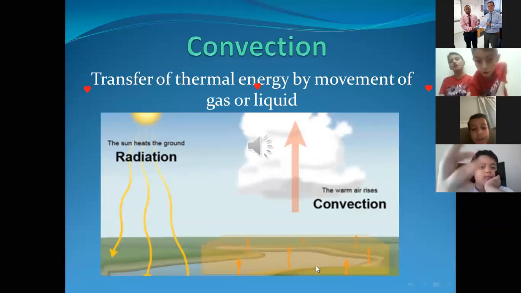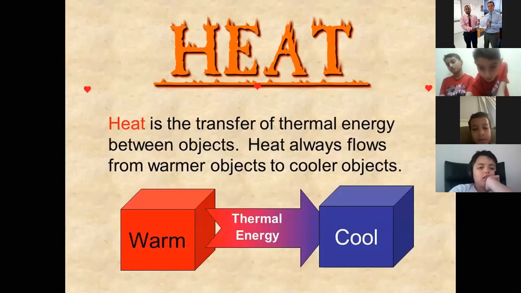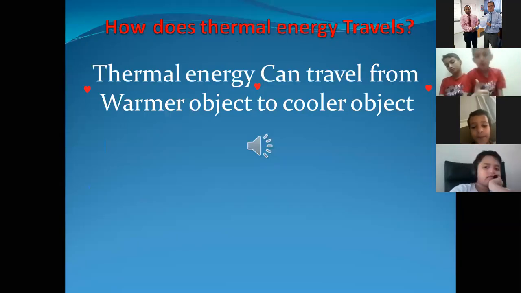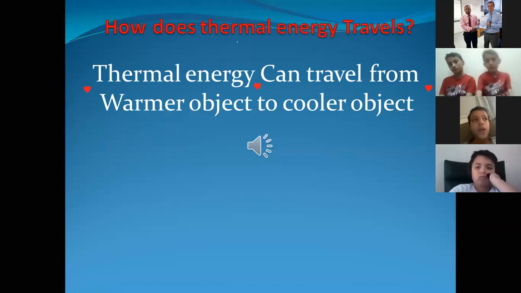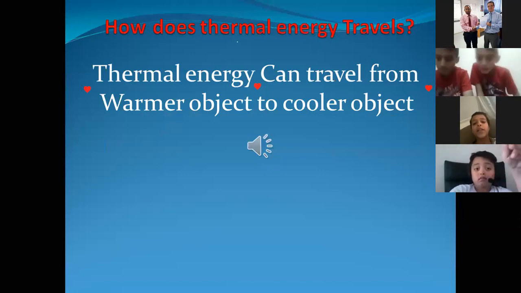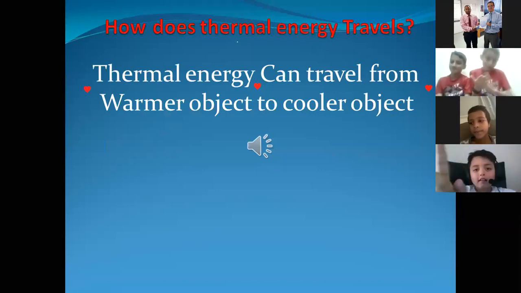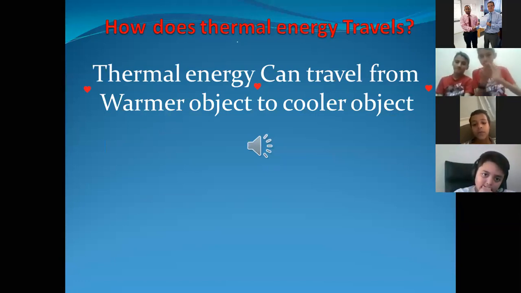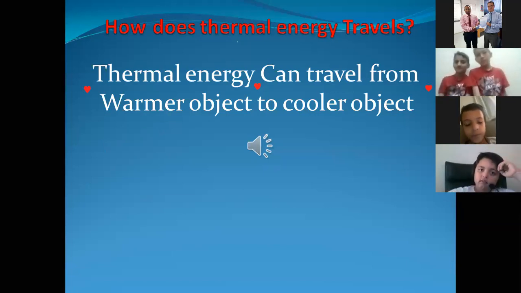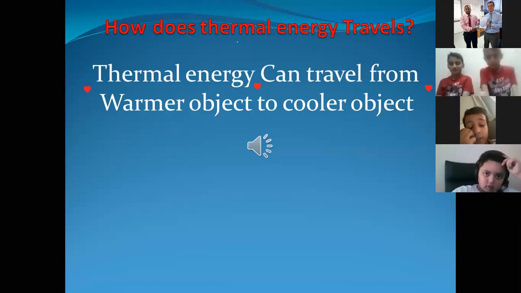Riyadh, can you tell me the three ways we see today? Conduction, convection, radiation. When you touch something by your hand, which one? Conduction. Yes, thank you, Riyadh. Fuad, when thermal energy moves through a gas or liquid, what is this?